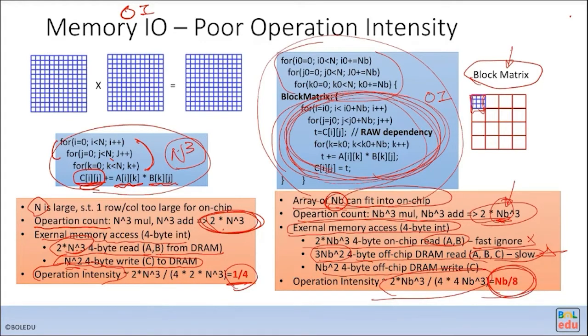As long as the MB size is equal or greater than 2, then you get improved OI. As long as the block size is greater than 2, it will be better than this one. So people try to localize the data access, applying the block matrix multiplication.